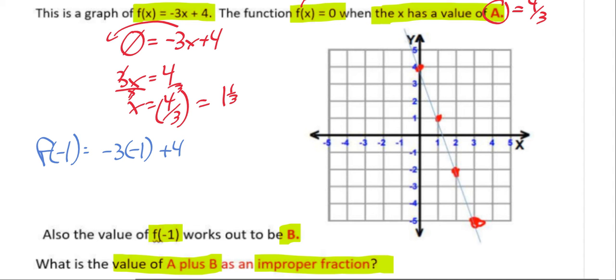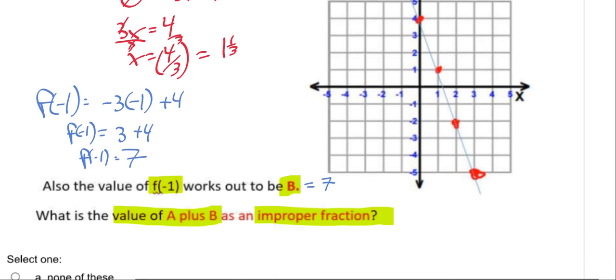This means evaluate this function at negative 1. So negative 3 times negative 1 is positive 3. And 3 plus 4 is 7. So b is equal to 7.